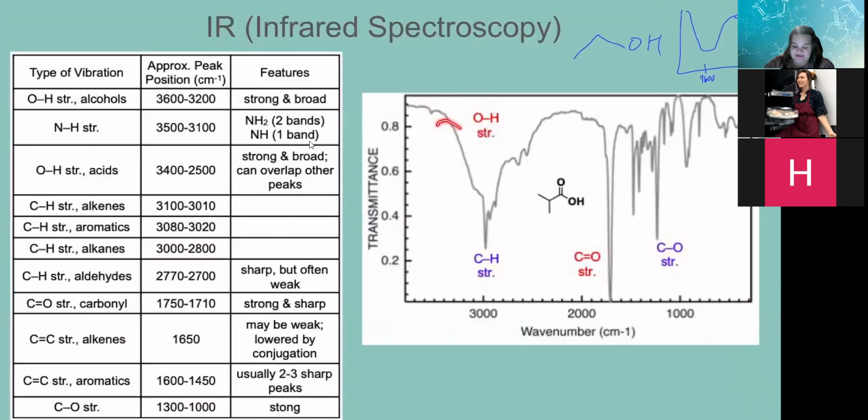So anytime you see a fancy cow udder and you see a really long, narrow peak at about 1700, that will tell you that you're double bonded O. And this is in fact the IR of this carboxylic acid. You have your OH stretching mixed with your carbon hydrogen stretching, and then a really narrow peak.